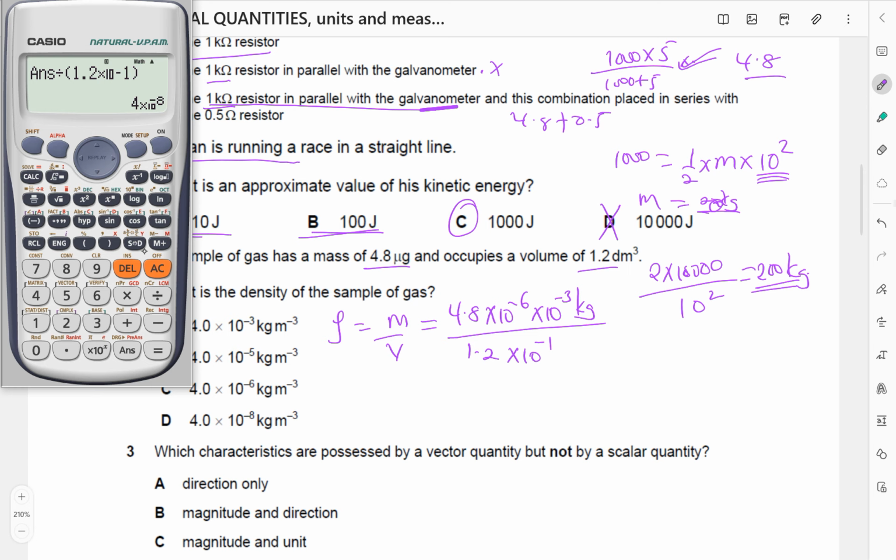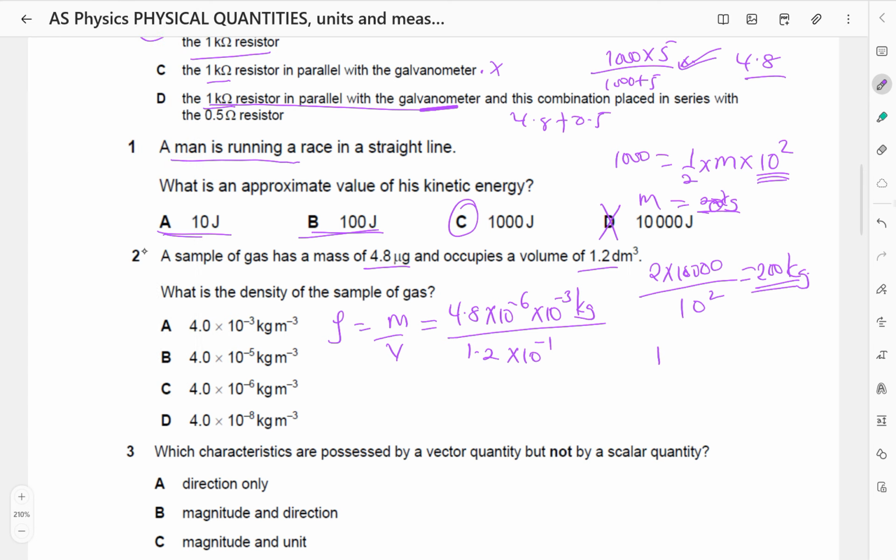So 1 meter is equal to 10 decimeters, so 1 decimeter is equal to 1 over 10 meters. Now if it is decimeters cubed, it will be this one cubed.